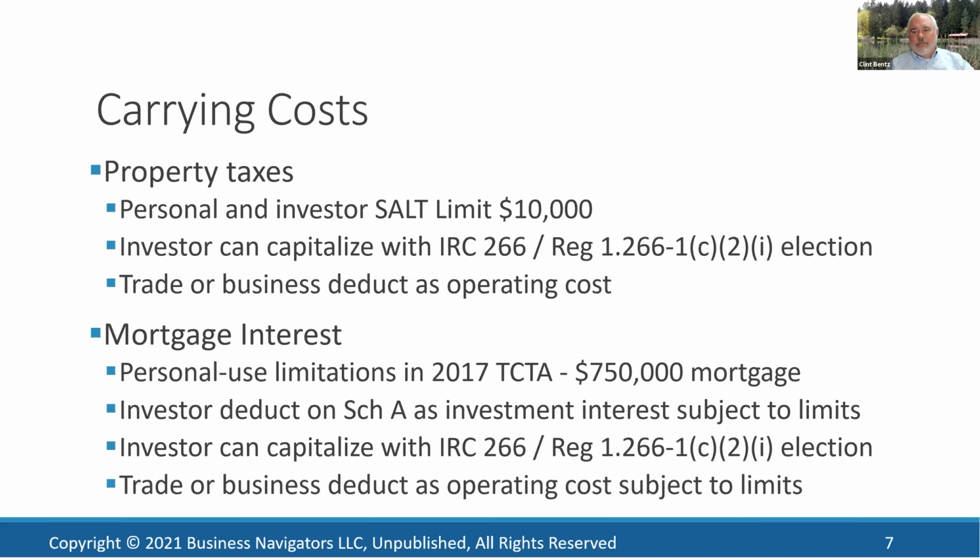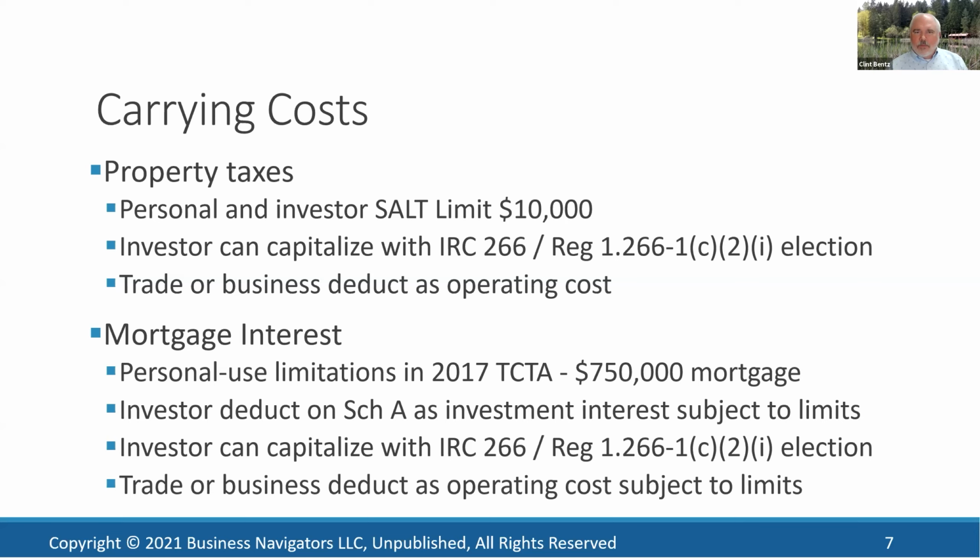The interest on the amount over $750,000 would not be deductible. That also applies to new mortgages and refinances. If you refinance your home loan and it's more than $750,000, only the amount of the mortgage up to $750,000 is deductible, and then the interest on the amount over that is not deductible. And you just figure that out on a pro rata basis.